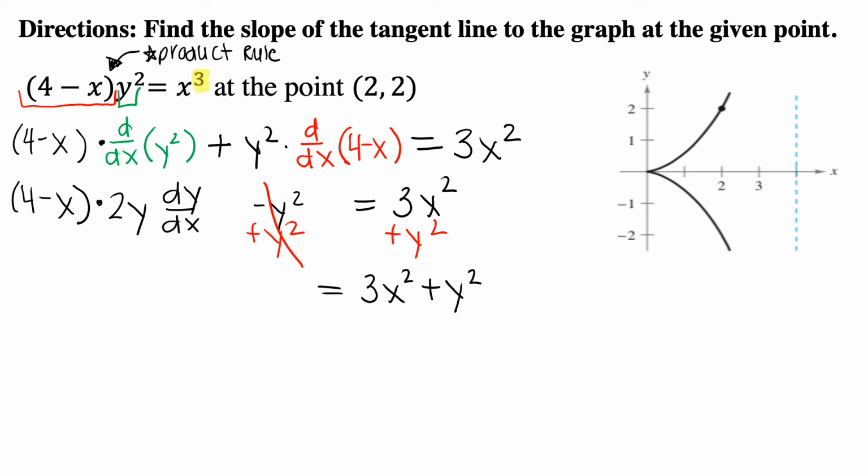I'm going to leave my other side the same, I'm just going to scooch my 2y out front, so this becomes 2y times 4 minus x dy dx. Now from here, to get dy dx all by itself, I can actually just divide by this whole quantity.